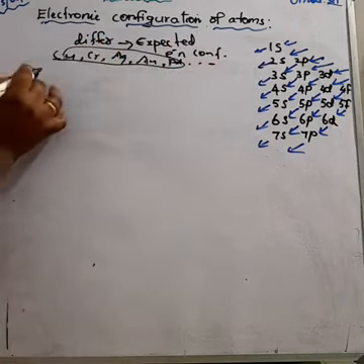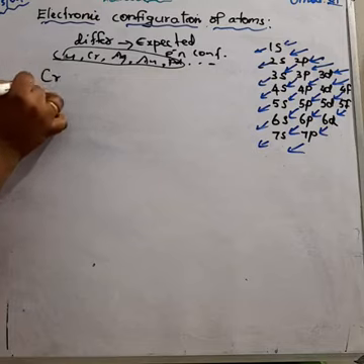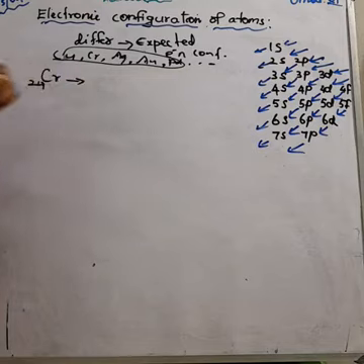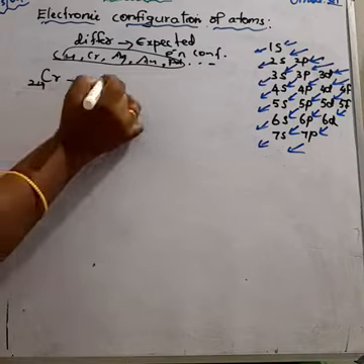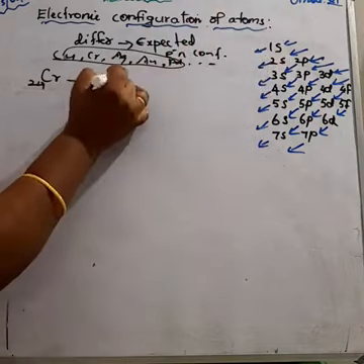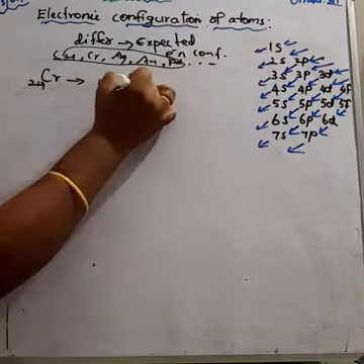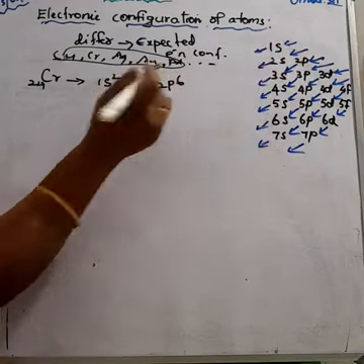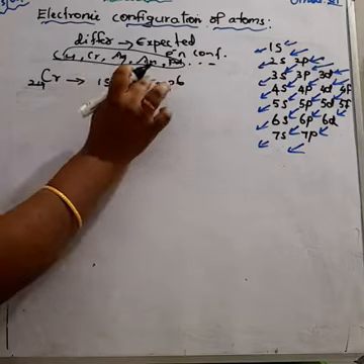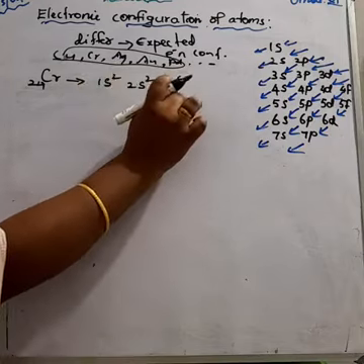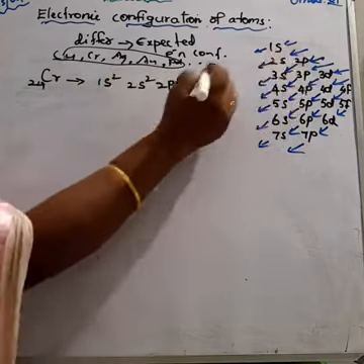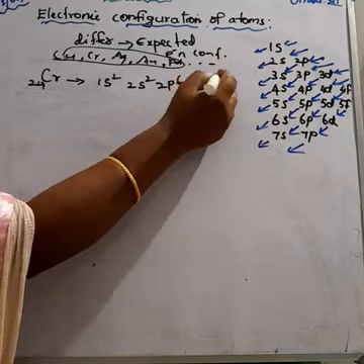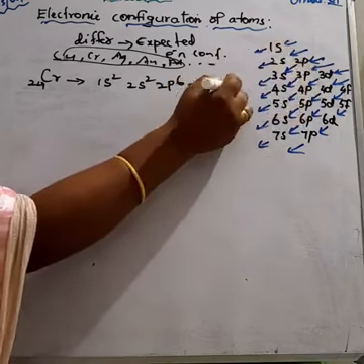First, chromium, atomic number 24. You know how to write the electronic configuration. First 1s2, after that 2s2, after that 2p6. Totally we need 24 electrons; 10 electrons are done, the remaining 14 electrons are there. After 2p6 we can write 3s2 and 3p6, after that 4s2.